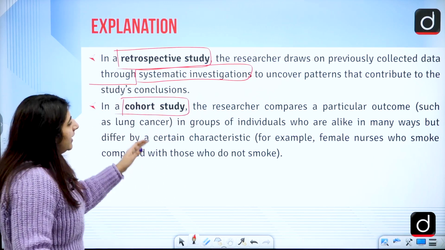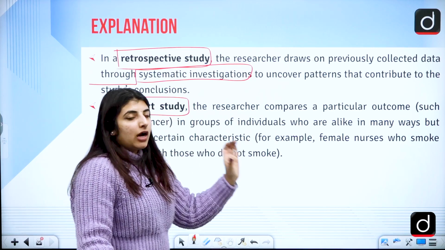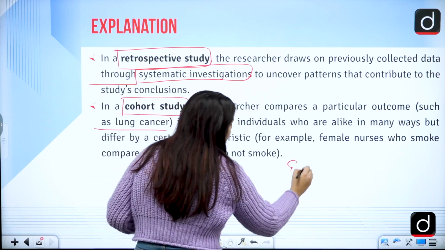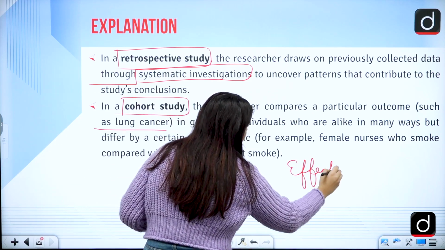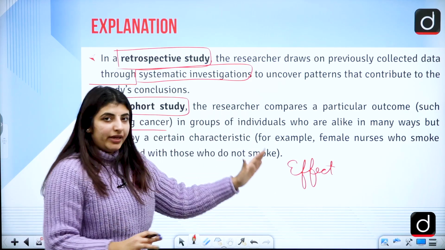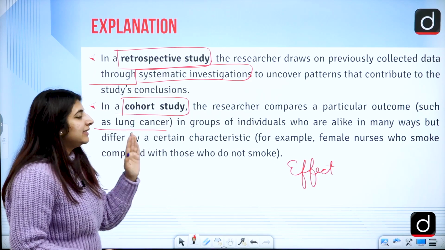In the cohort study, the researcher compares a particular outcome, for example lung cancer, which is the effect or the outcome, in a group of individuals who are alike in many ways but differ by a certain characteristic.